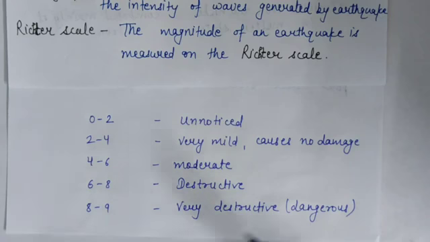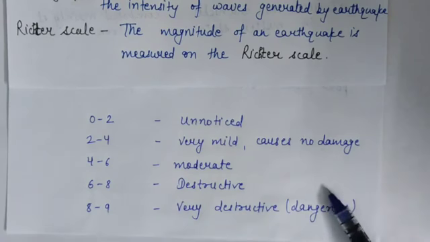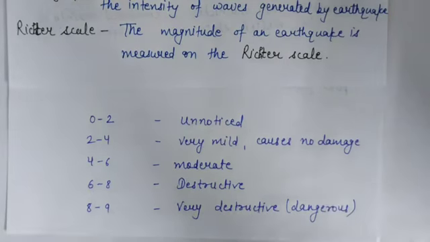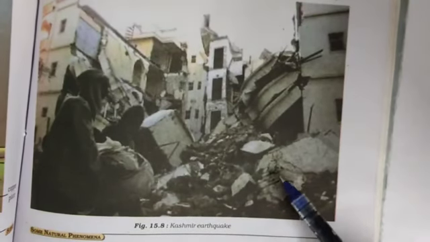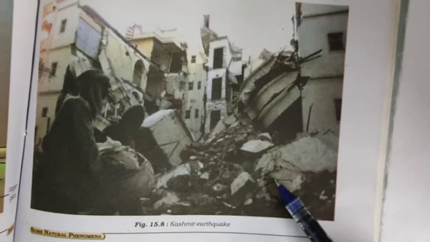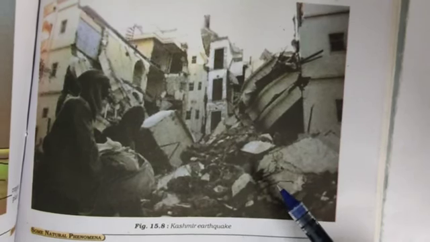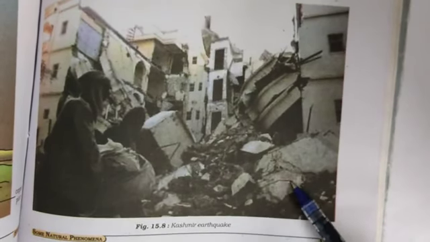So the Richter scale measures the magnitude of an earthquake in this way. See, this picture shows the Kashmir earthquake, having a magnitude greater than 7.5. Now you can imagine how dangerous and harmful earthquakes are for us.